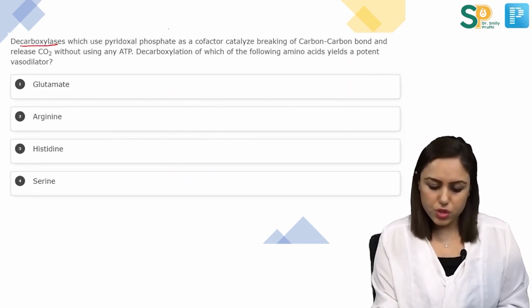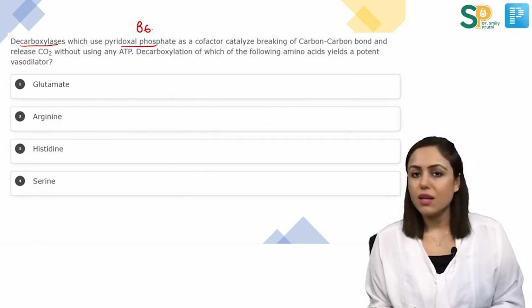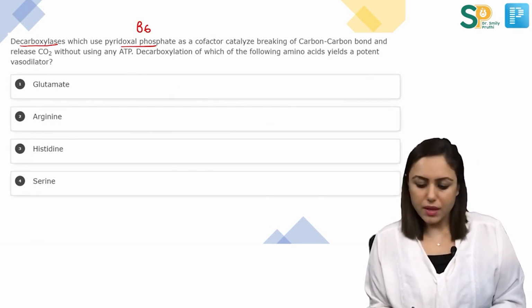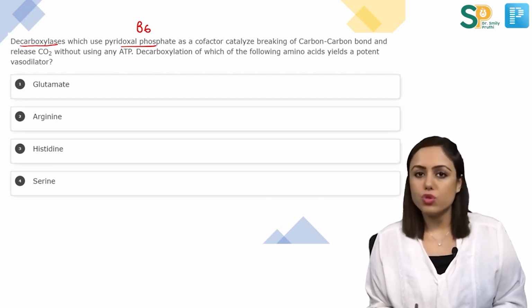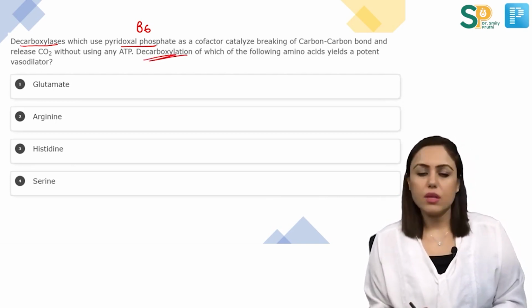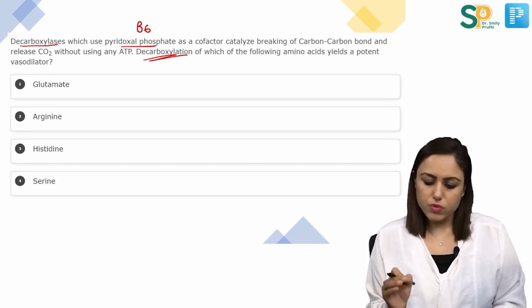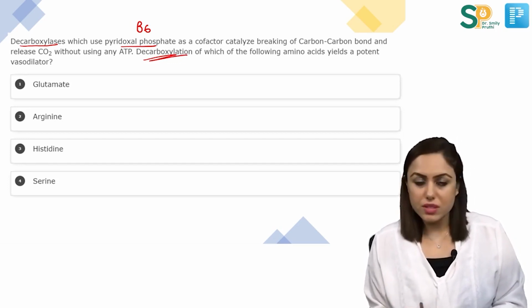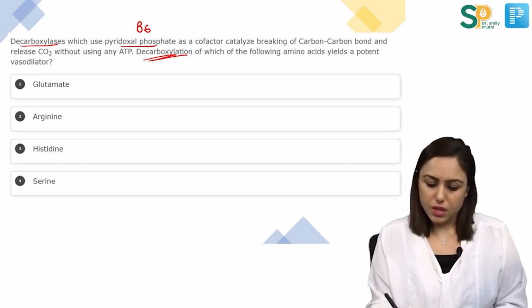decarboxylases which use pyridoxal phosphate, that is vitamin B6, as a cofactor, catalyze breaking of carbon-carbon bond and release carbon dioxide without using ATP. So, this is decarboxylation happening. It requires vitamin B6. So, decarboxylation of which of the following amino acids yields a potent vasodilator?